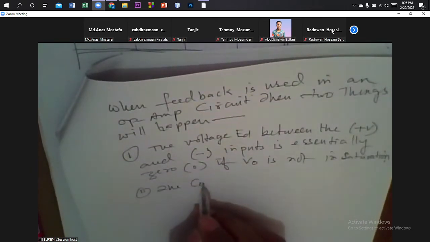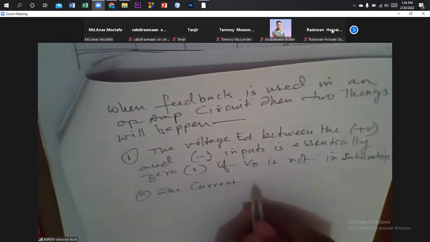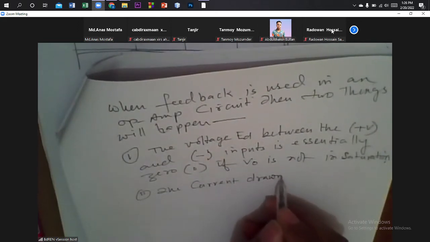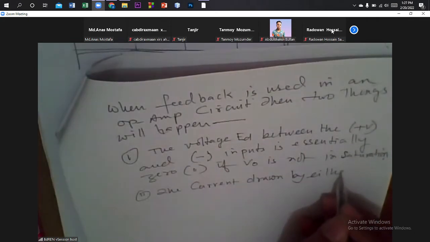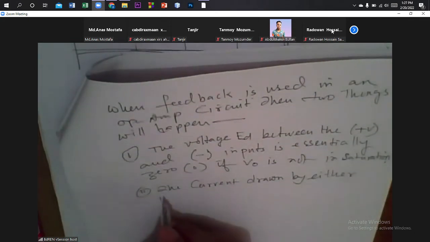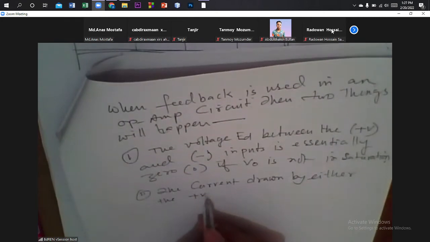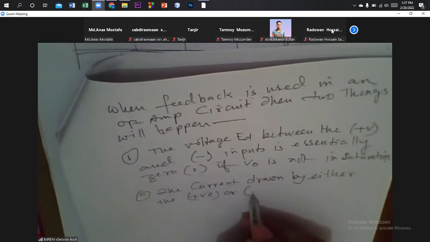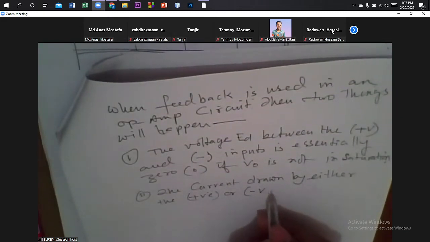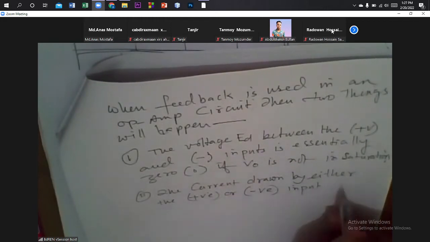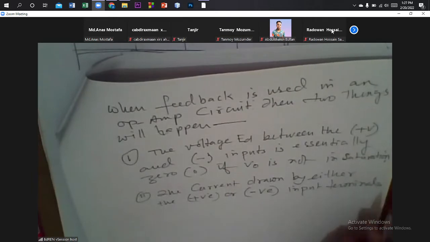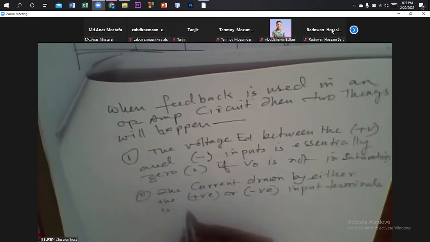Number two condition, the current drawn by either the positive, meaning non-inverting, or the negative input terminal is negligible.